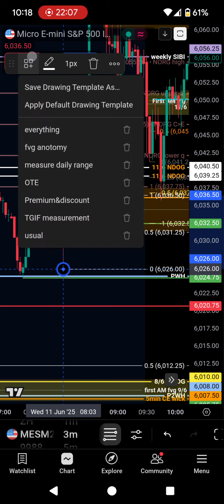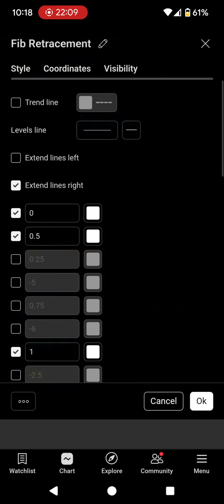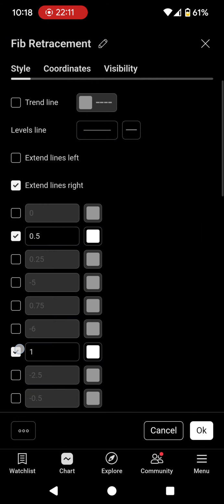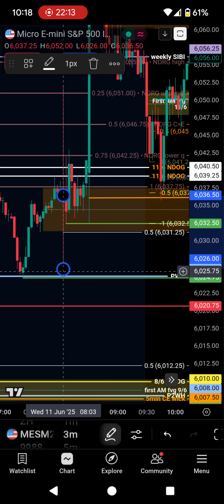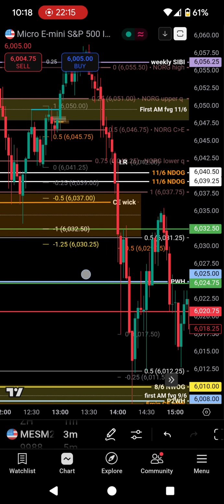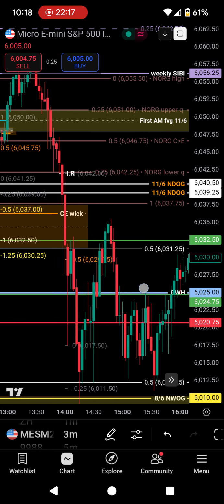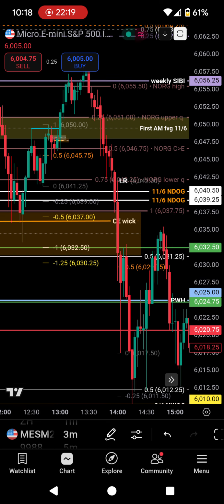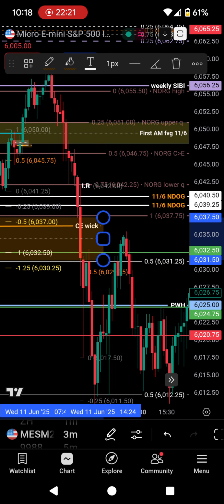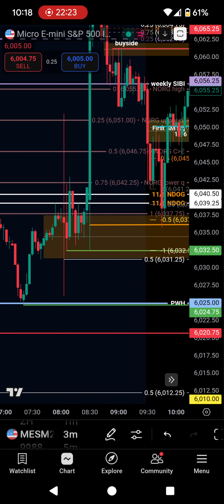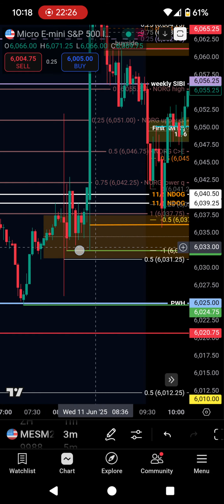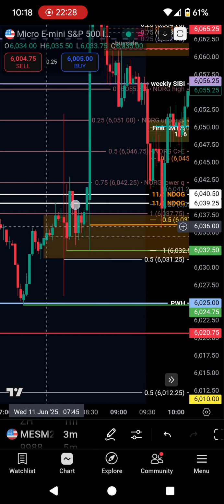Let's put usual, and then let's go settings 0 and 1, we take it away. Let's just leave the 0.5 level, and then you can see price came up. This is what's called balanced price range.